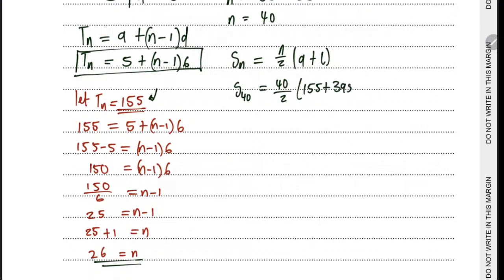So you just put it like this. You find your sum of 40 terms. Sum should be big because it's the sum. 3,800 and what? Okay, 818. Good.